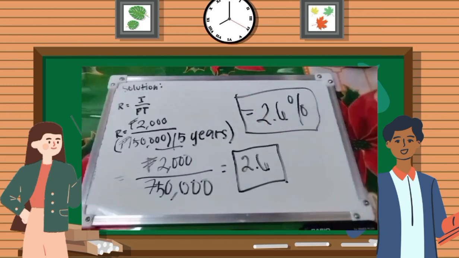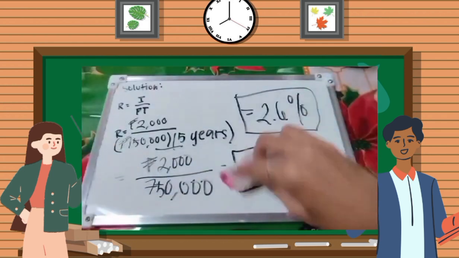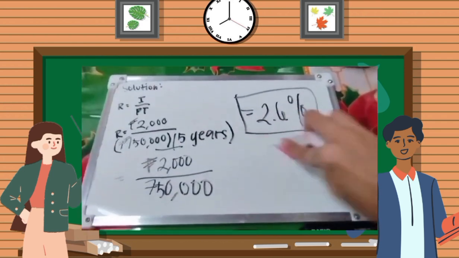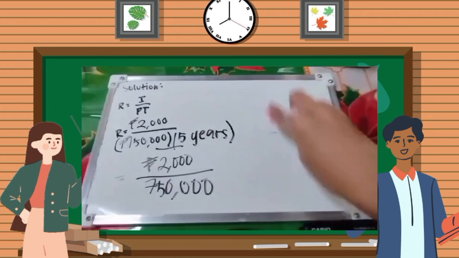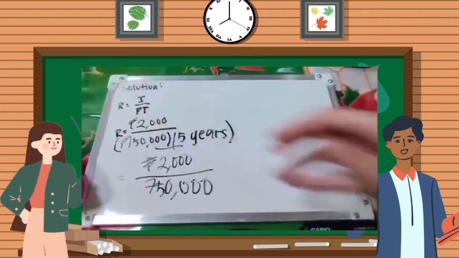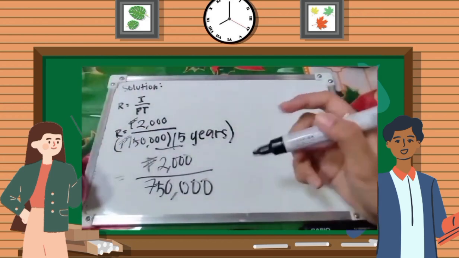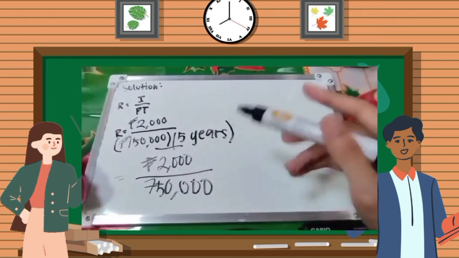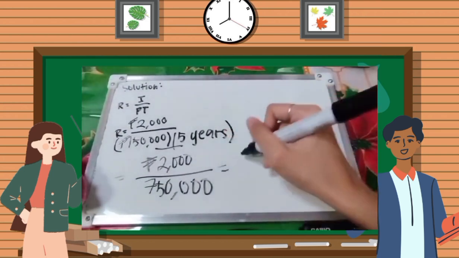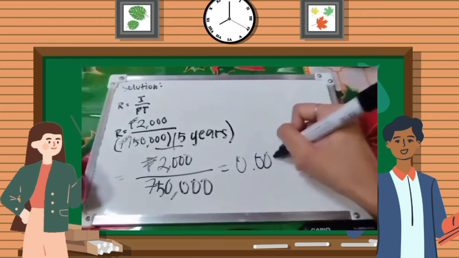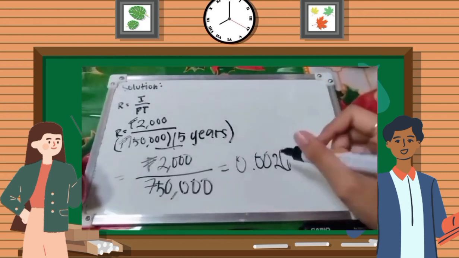But sometimes the outcome is different. When you divide it in a different calculator, the outcome will be 0.0026, which is a decimal.